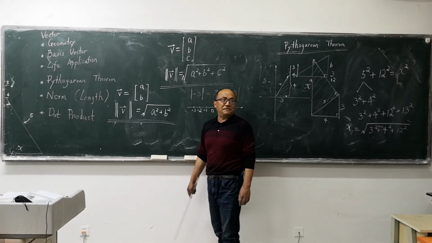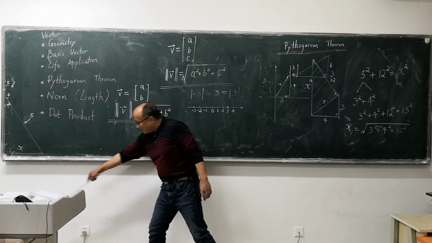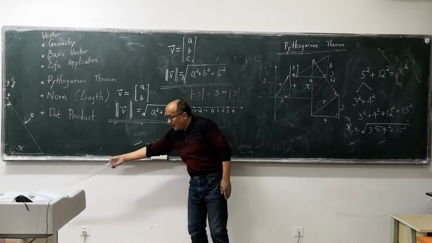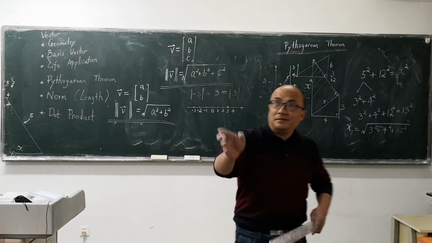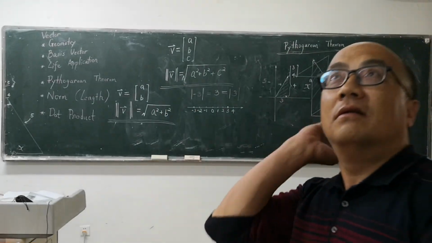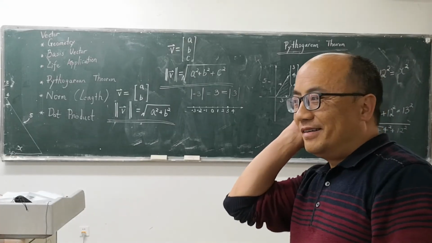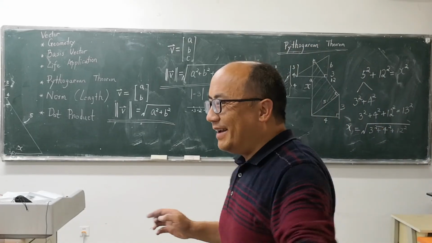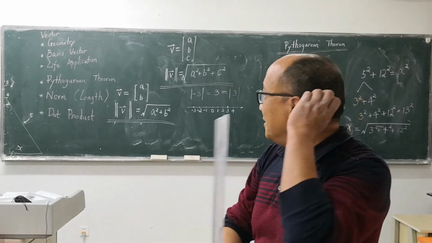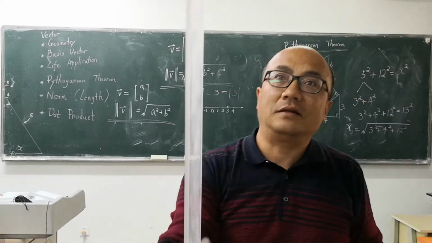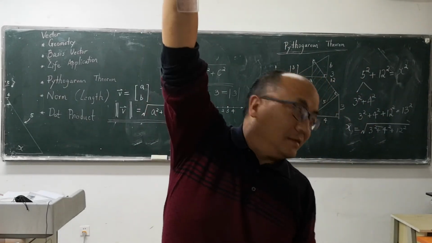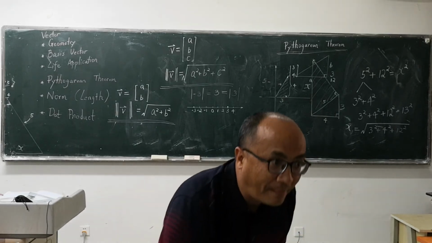To make our life easier, from here to here, that's a 3. And from there to here, that's a 4. And this one is also 4.